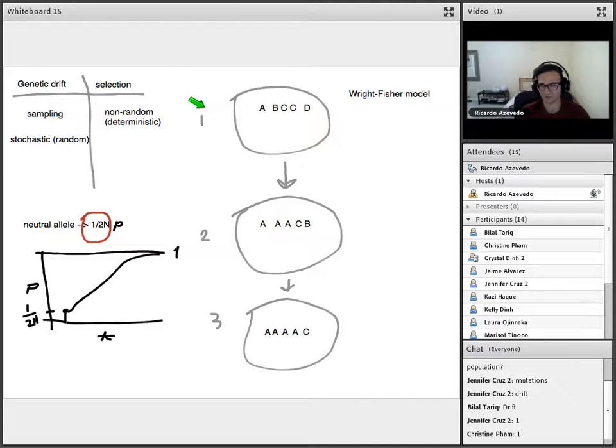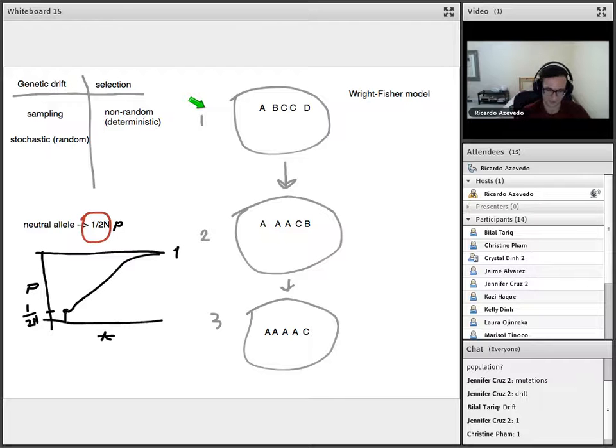Christina also pointed this out: in the first generation we have 4 types, A, B, C, and D. In the second generation we have 3 types, and in the third we have 2.